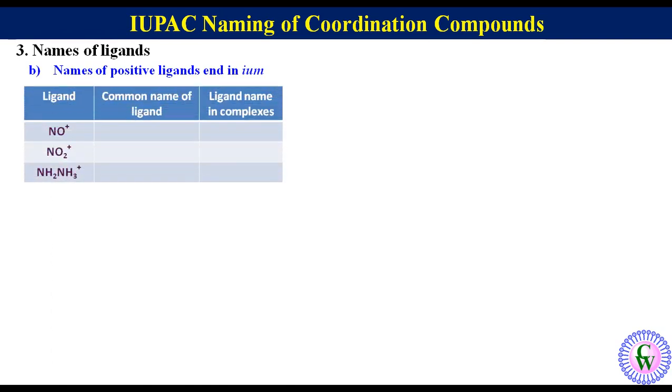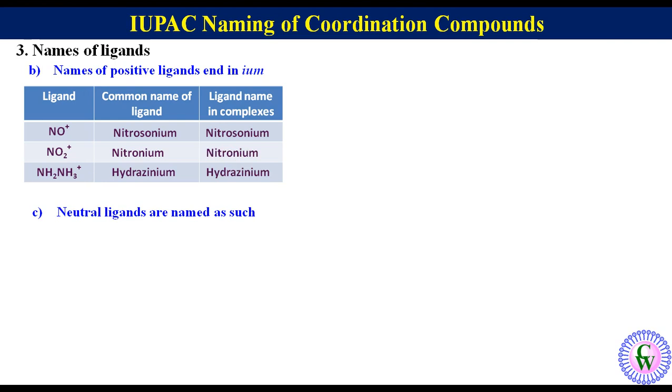Names of positive ligands end in 'ium'. For example, NO+, NO2+, and N2H5+. These are commonly known as nitrosonium, nitronium, and hydrazinium respectively. In complexes too, these are called nitrosonium, nitronium, and hydrazinium.